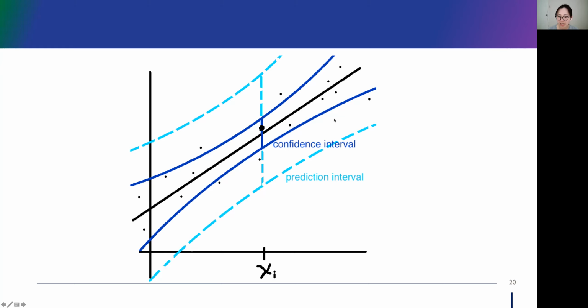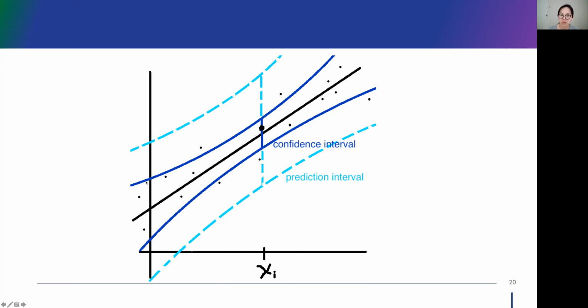And when we do the prediction interval, we have to account for where this line would be located. So this is the uncertainty from the regression line. And we have to add up the variability, the uncertainty from this single value. So the true value can be higher or lower, or further or closer from this regression line. So that would make the prediction have one more layer of uncertainty.